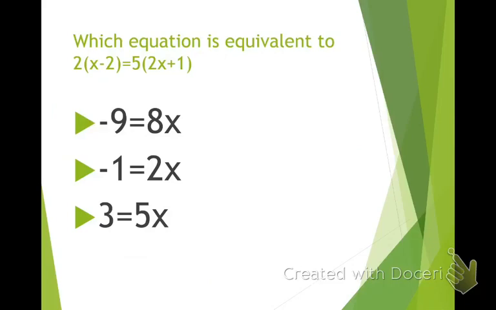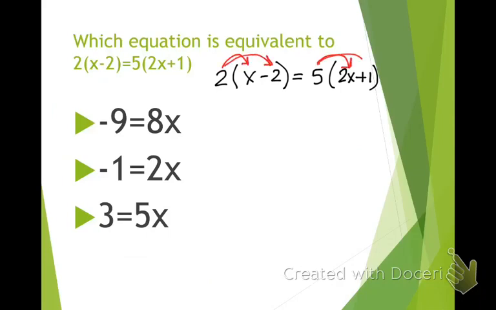So I see a 2 times some parenthesis quantity. So I'm going to go ahead and write my problem again over here. 2 times (x minus 2) equals 5 times (2x plus 1). And so if I distribute on the left-hand side, if I distribute my 2 to both of these terms, and on the right-hand side I distribute my 5 to both of these terms, let's see what I get.